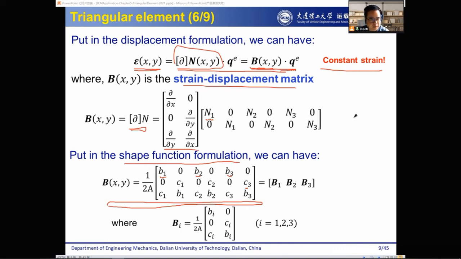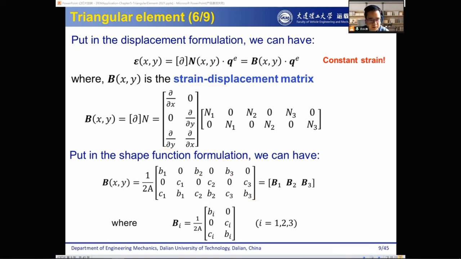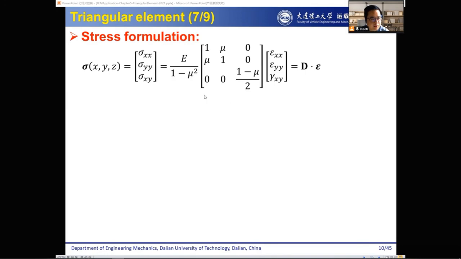Otherwise, you don't get an accurate answer. So this slide is very important. This is the theory behind some conclusions in the manual. If you understand this, you will understand why this element is not recommended in the FE analysis.